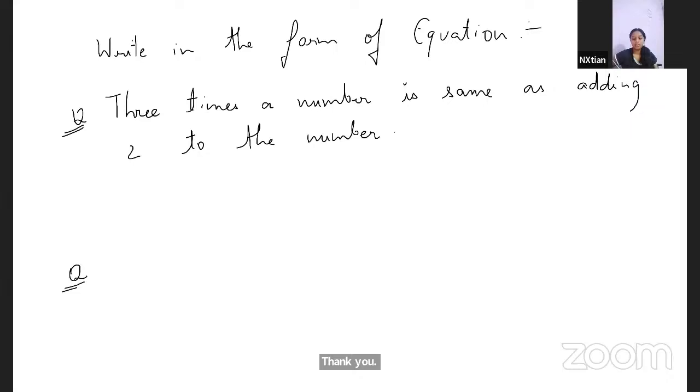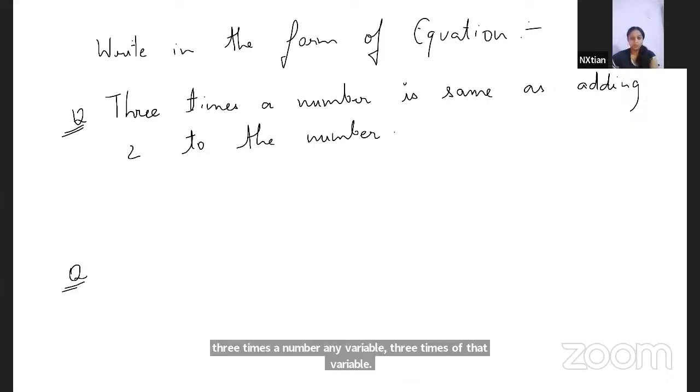Yes, 3 times a number is the same as adding 2 to the number. What is it that we don't know? The number. So we assume the number as x or y, any variable of your choice, but keep it one variable only. So 3 times that variable will be equal to that variable plus 2.